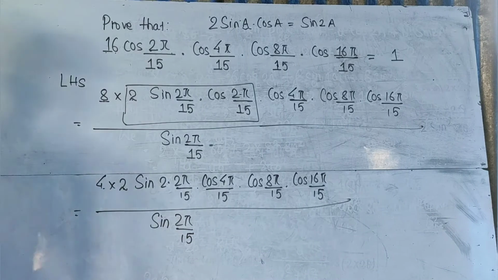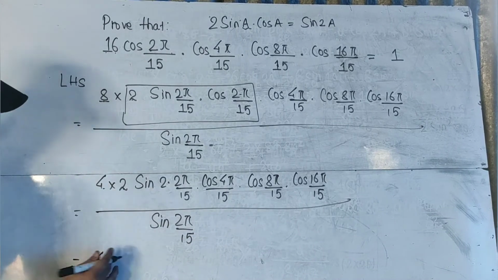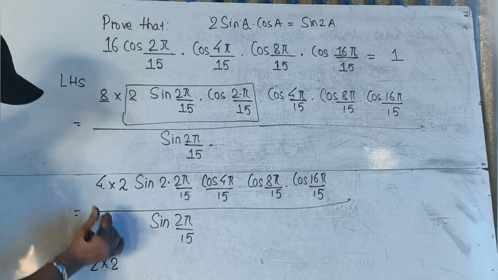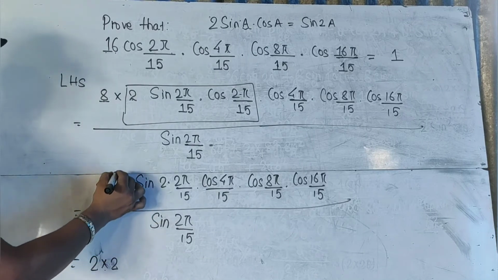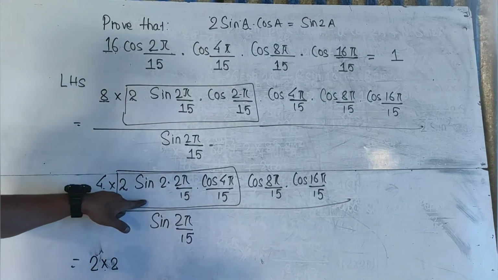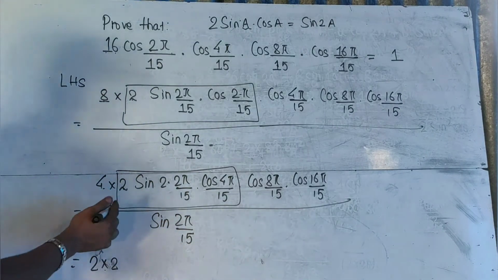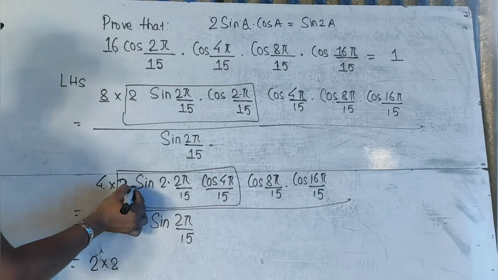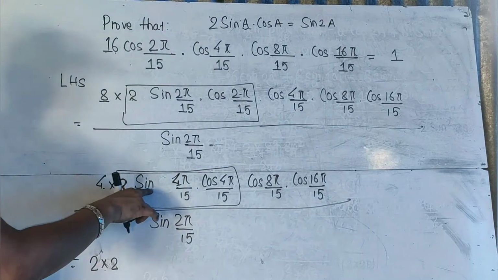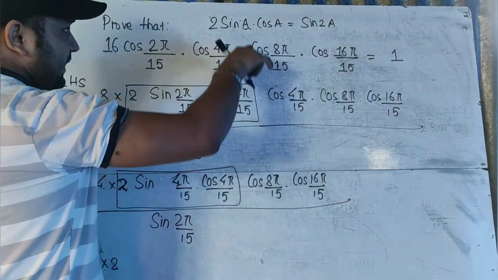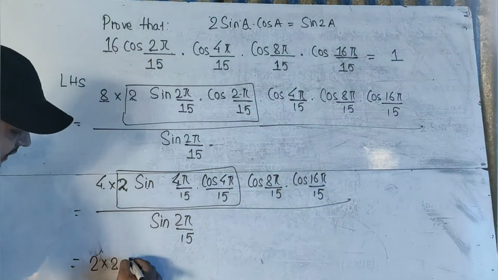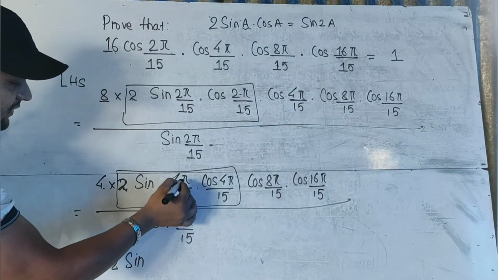Now again we repeat the same procedure. This 4 will be broken into 2 into 2. Now the circled portion, the one that I have outlined here, 2 sine 2 into 2 gives you 4 pi by 15. You can write here 4 pi by 15. 2 sine 4 pi by 15 cos 4 pi by 15 can be compared with 2 sine A cos A. It is sine 2A, where this is your A here.